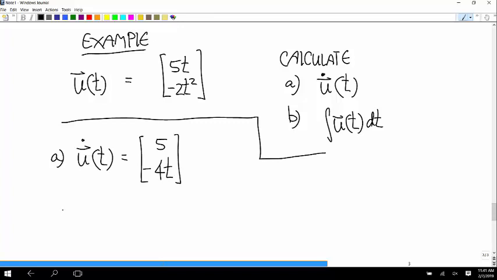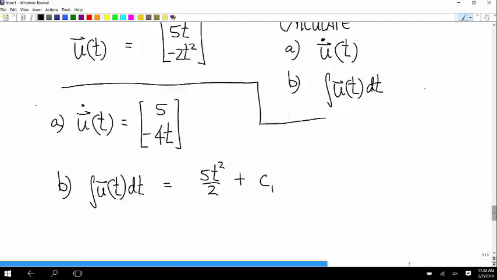And the integral. So first, the integral of 5t with respect to t is 5t squared over 2 plus some constant, I'll call it c1. So that's the x component of the integral.